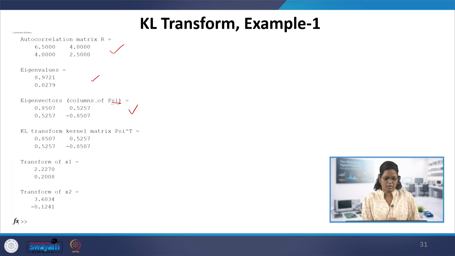This is nothing but psi. So the transform is psi transpose x; you do it directly, and for x1 the transform is this, and for x2 this is the transform.